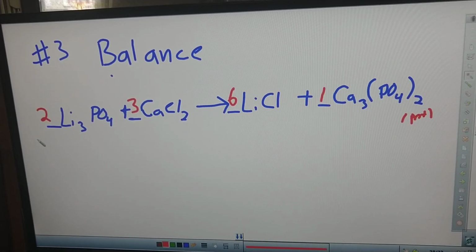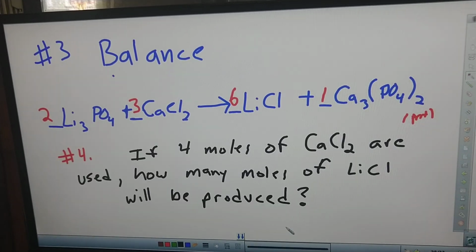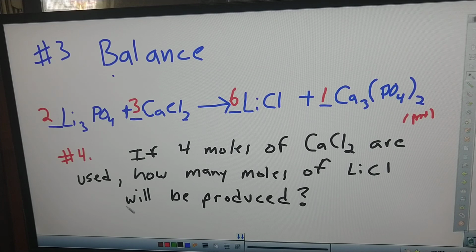Now let's look at problem number 4. If 4 moles of calcium chloride are used, calcium chloride's over here, how many moles of lithium chloride will be produced? That is number 4.